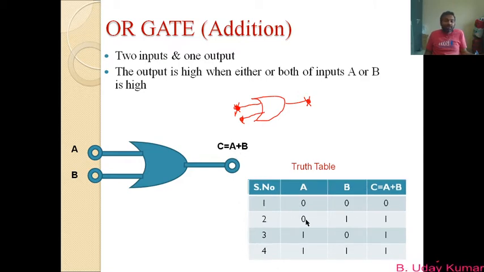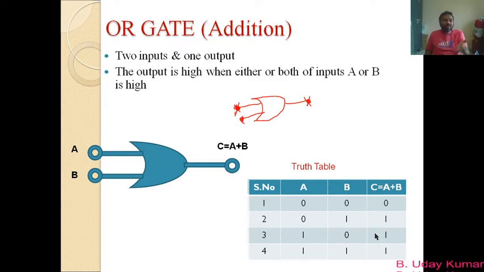Similarly, if you apply zero potential to terminal A and high potential to terminal B, the output will be high. Please remember it. Similarly, if you apply high potential to A and zero potential to B, again the output will be high. High is denoted by 1, and low is denoted by 0.